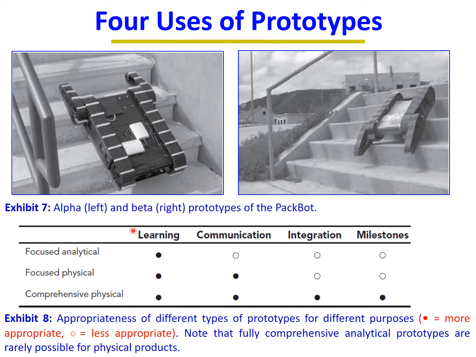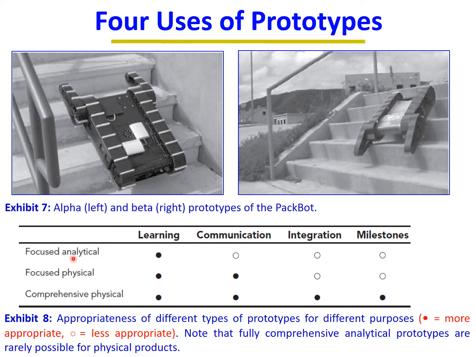And Exhibit 8, appropriateness of different types of prototypes for different purposes: learning, communication, integration, milestones, right? So when we have a solid, it is more appropriate. When we have hollow, then this is less appropriate. Note that fully comprehensive analytical prototypes are really rarely possible for physical products.